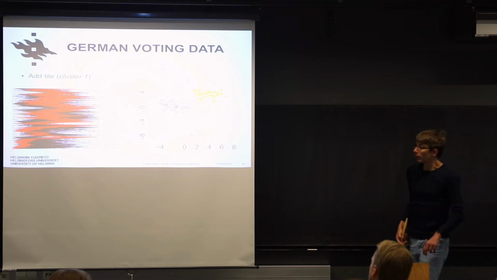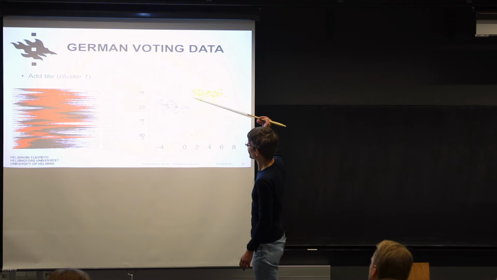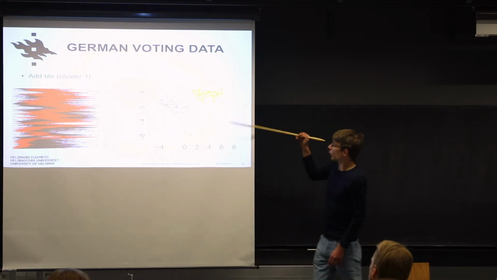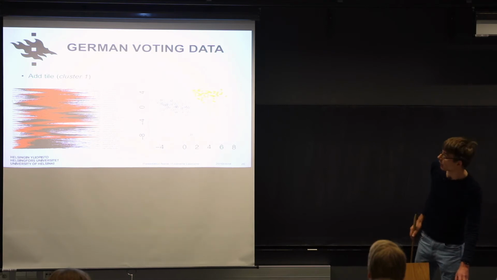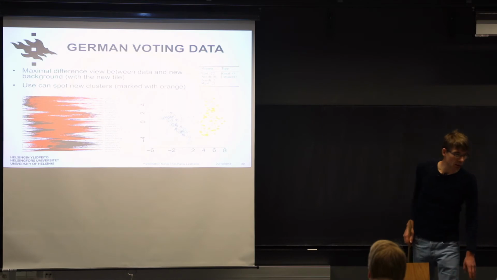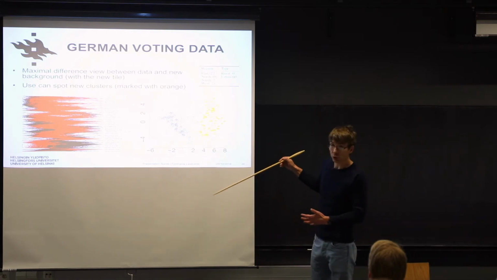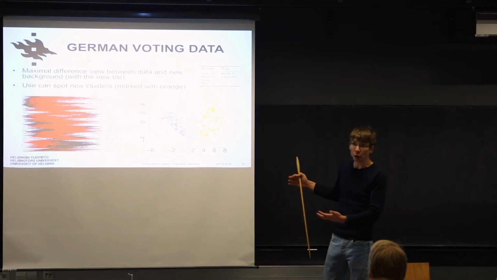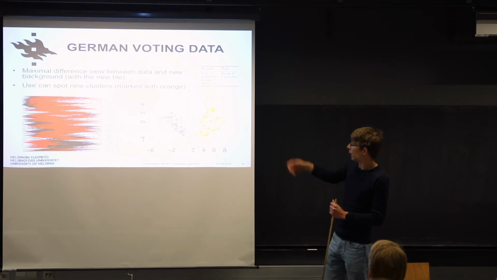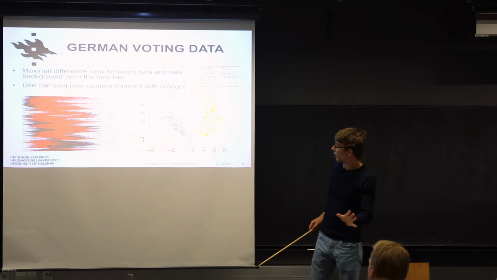As an example from this German data, suppose we have this observation of the rural eastern region, so we add it as a cluster, as a tile, and then we randomize again using this tile. Then we see some other features. What is the next most surprising thing if the user already knows about these rural Eastern European regions being different?